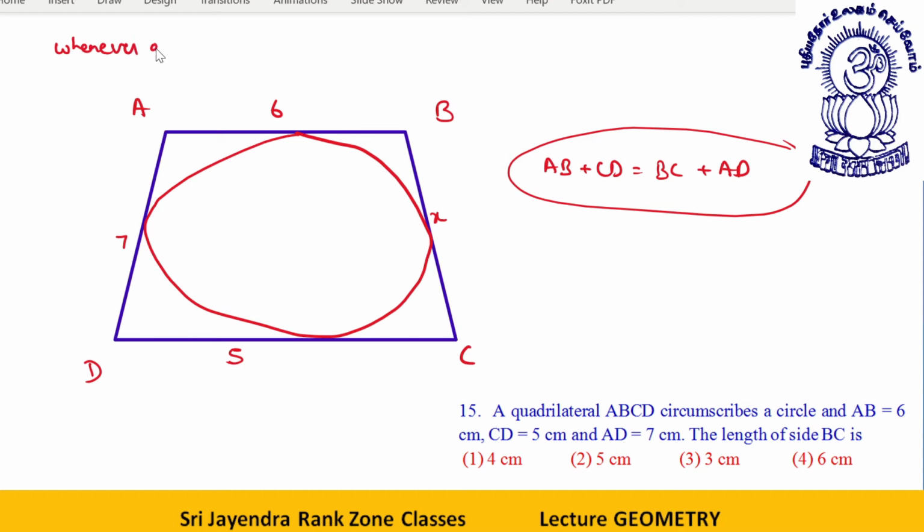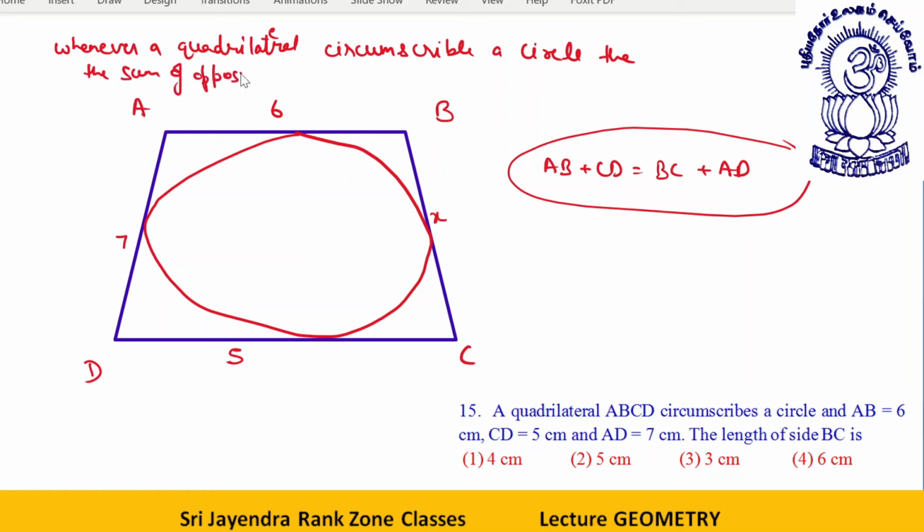Whenever a quadrilateral circumscribes a circle, then the sum of opposite pairs of sides is equal. I hope I'm clear to all of you.